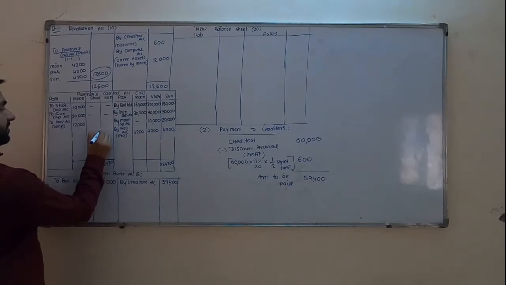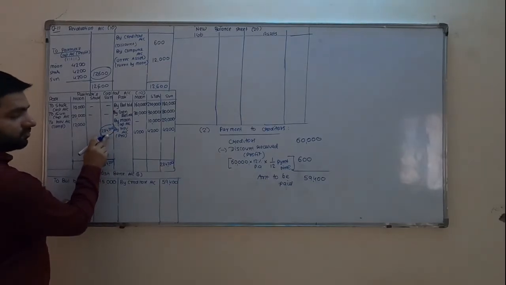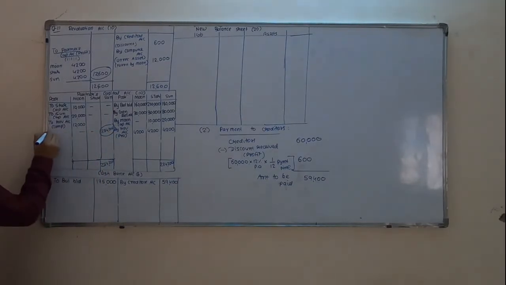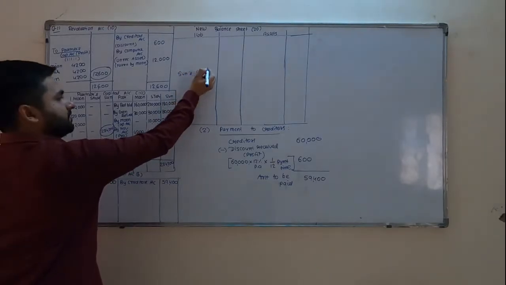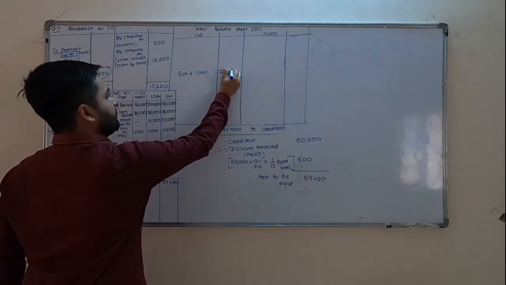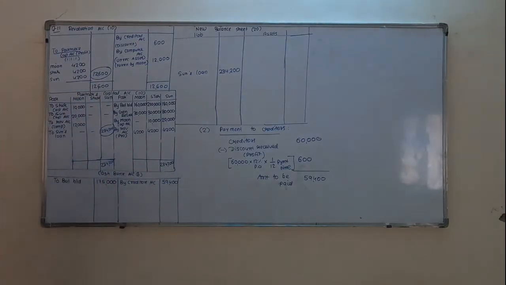Balance will also be 2,34,200. Here we will write Sun's loan 2,34,200, which is here total and the balance is also.